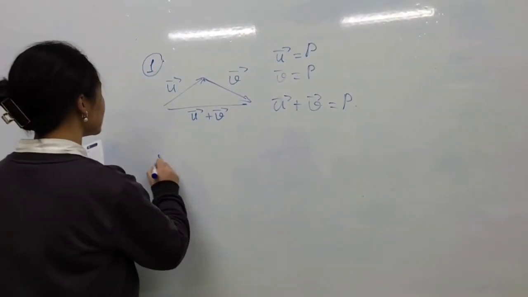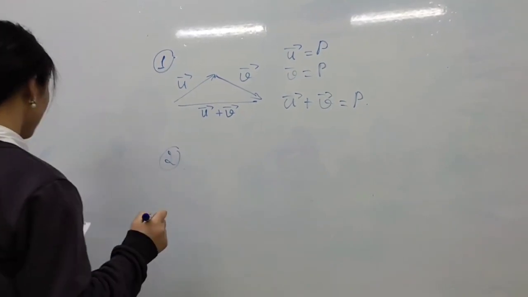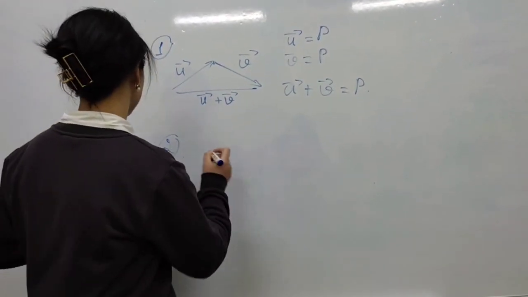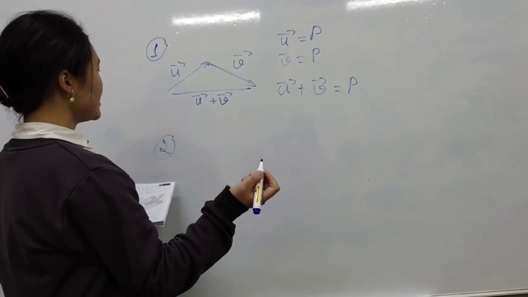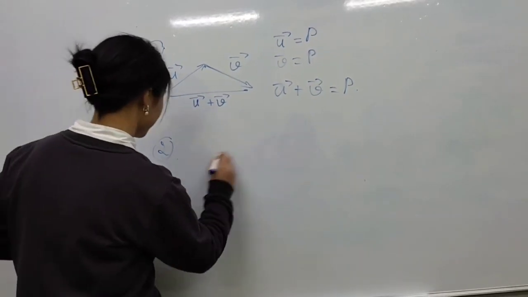And the second property: the sum of any two vectors in P is commutative.